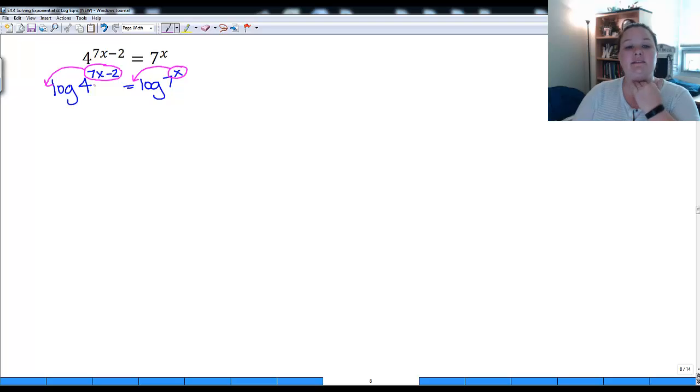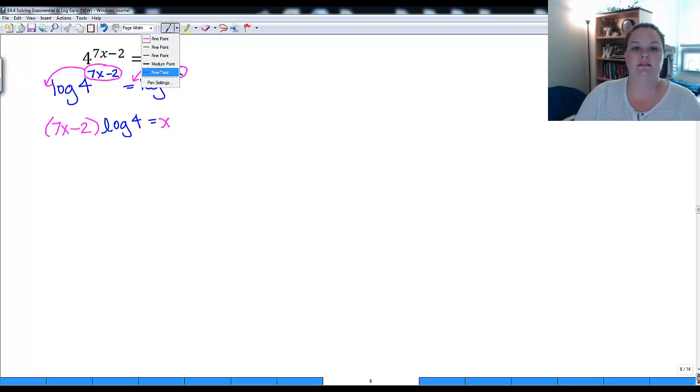Now on this left-hand side, when I bring this value down, because I have more than one term, I want to make sure I write it with parentheses. So I have 7x minus 2 times log 4 is equal to the x that I brought down on the right-hand side times log 7. Okay. Now, I want to solve for x.